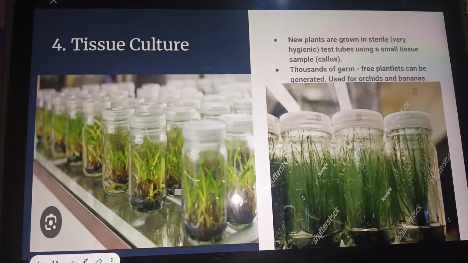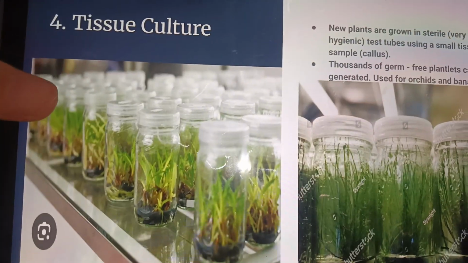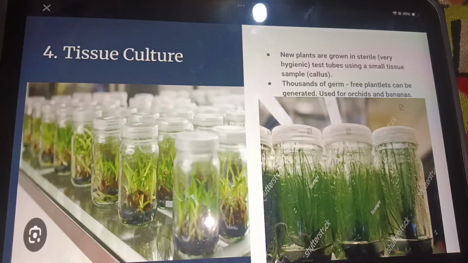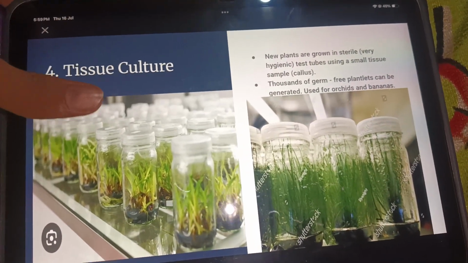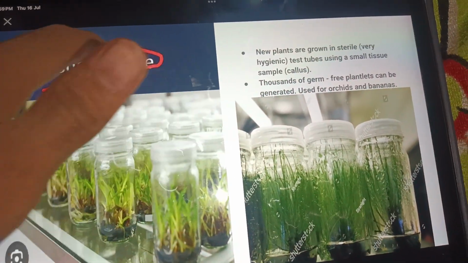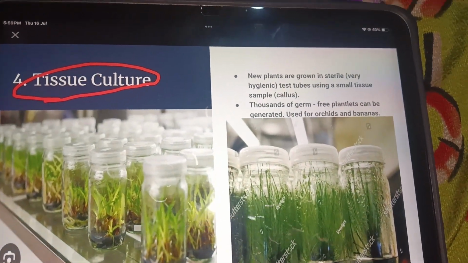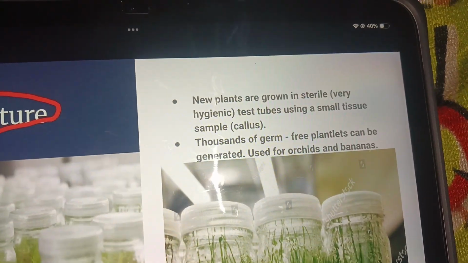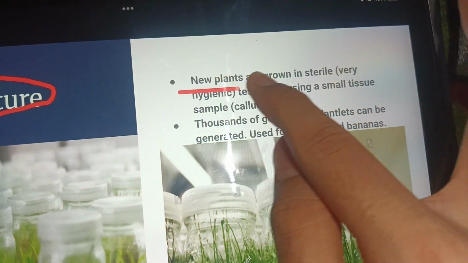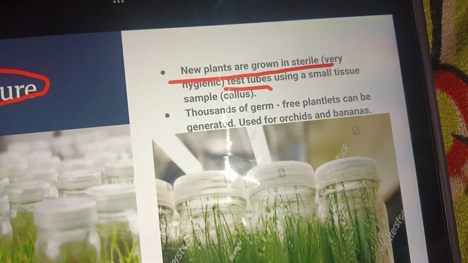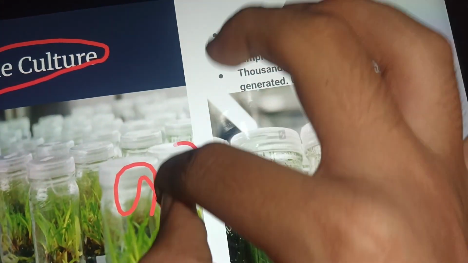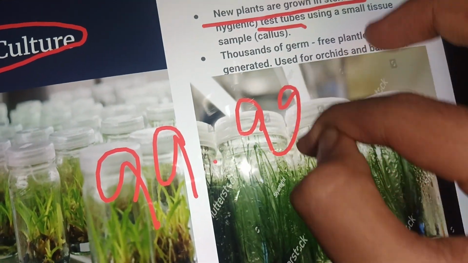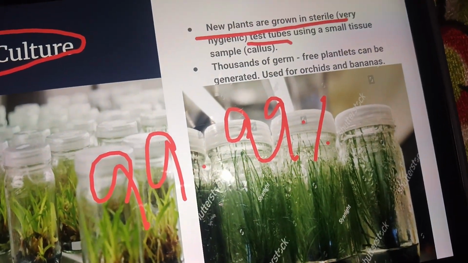Then the last topic is tissue culture. Is that clear? So what happens over here? New plants are grown in sterile test tubes. Sterile means very hygienic, meaning 99.99% of germs are not there.